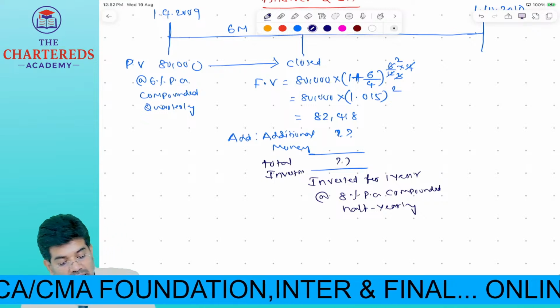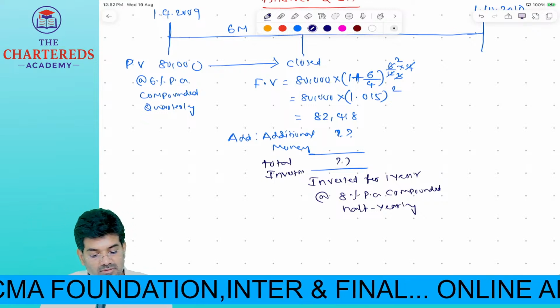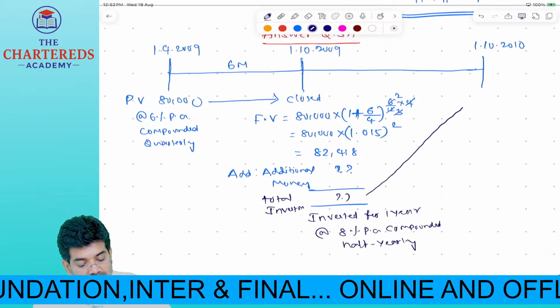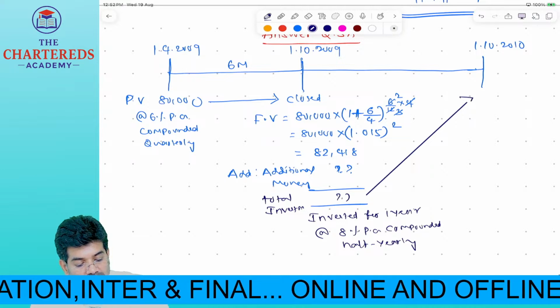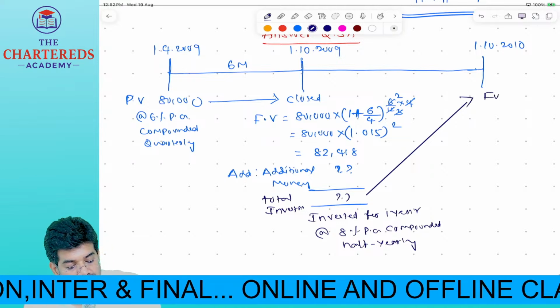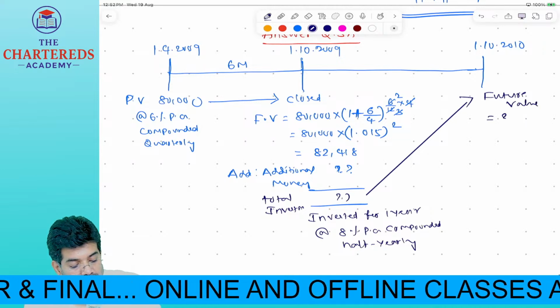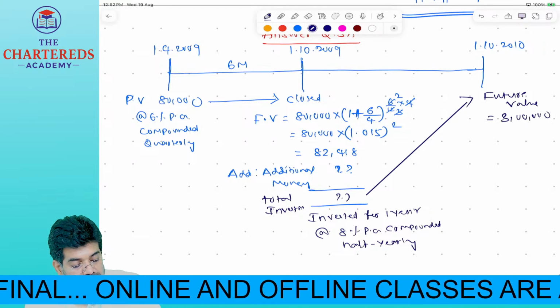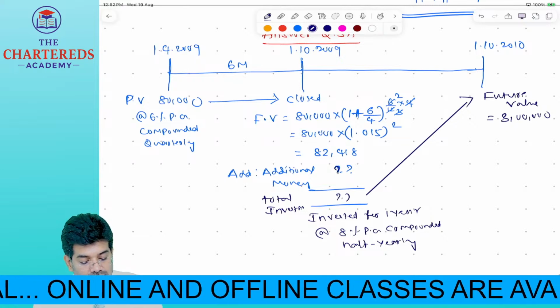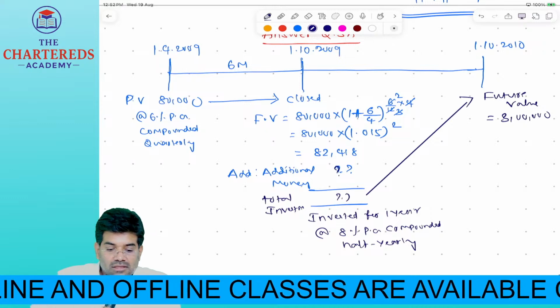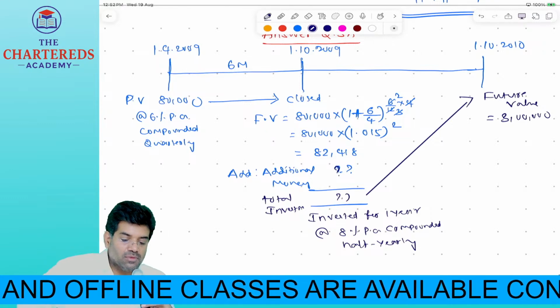And this investment gave him a future value equal to 3 lakhs.